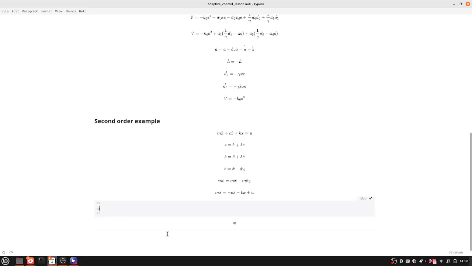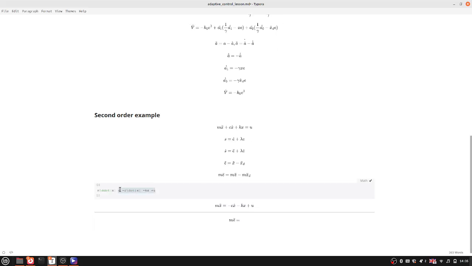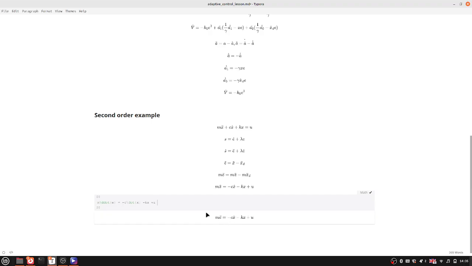So that gives us M E double dot is equal to, I've already typed it out, so to save a teeny bit of time, just copy that, M X double dot, which is this, minus M XD double dot, like so.